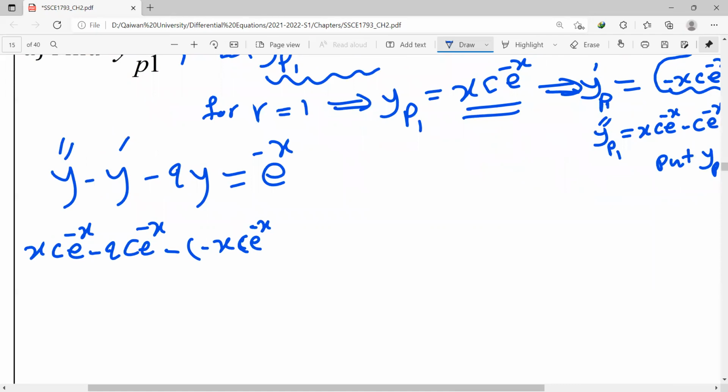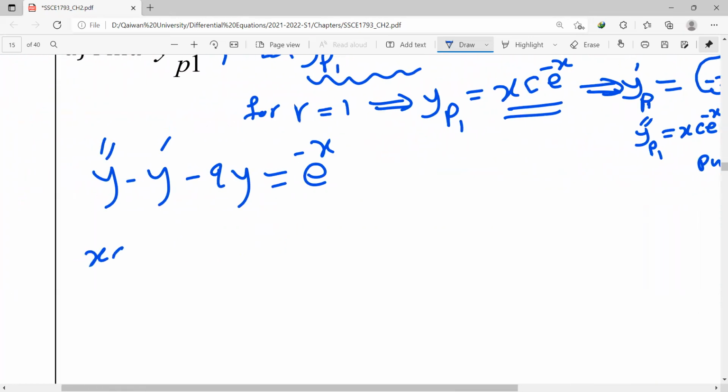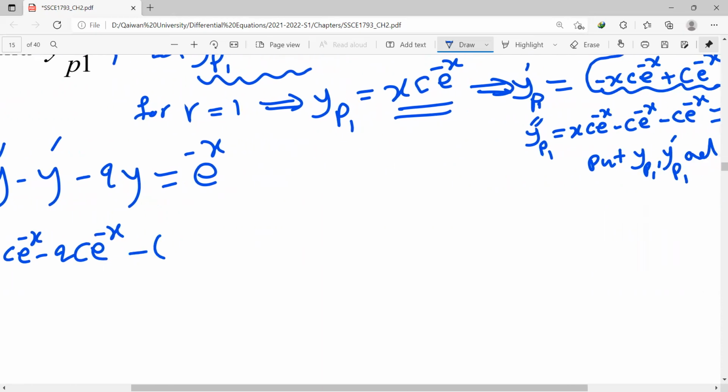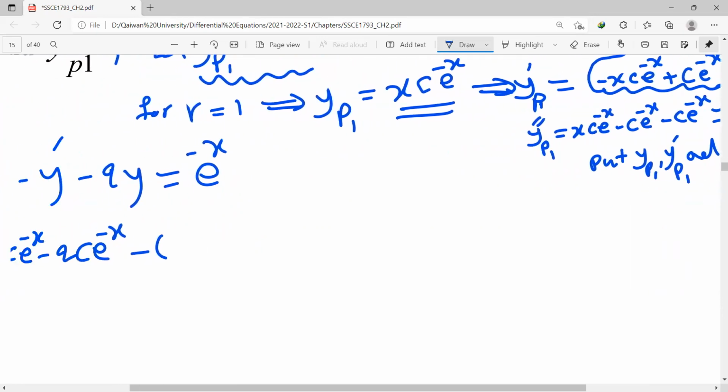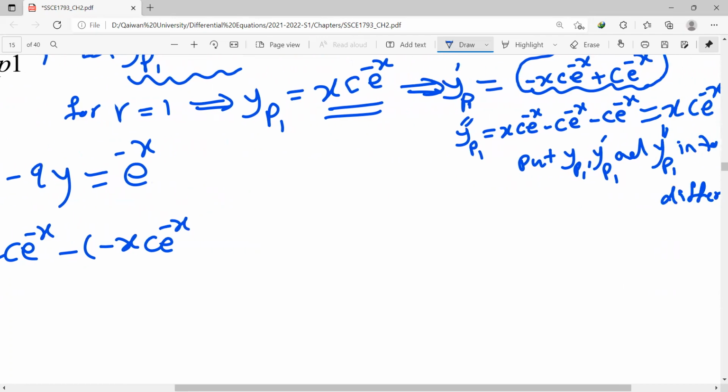Let me write down bigger. So y double prime is x c e to negative x minus 2 c e to negative x, minus y prime, which is minus x c e to negative x plus c e to negative x.